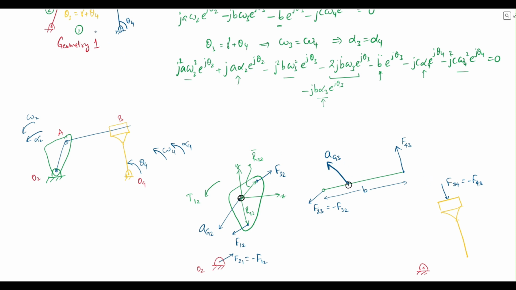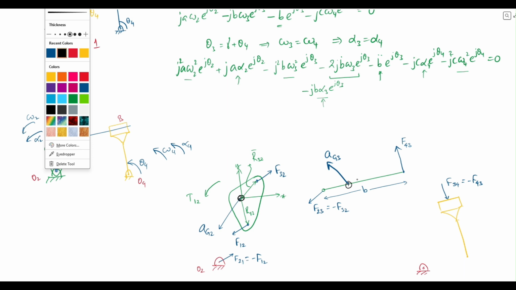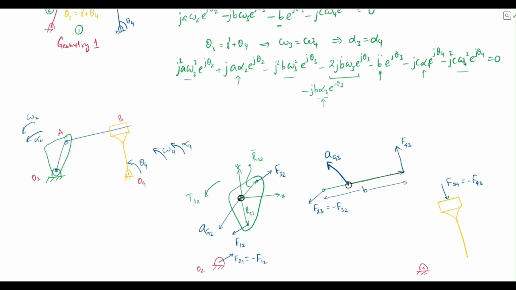From CG, this distance is going to be R4,3, and then this distance is going to be R2,3. We know the acceleration alpha 3, and we know that this is the axis of slip.